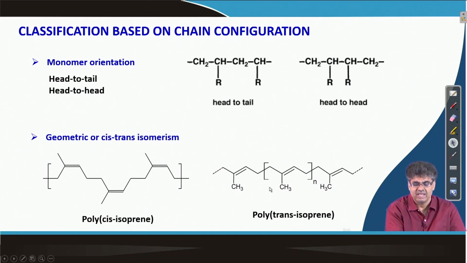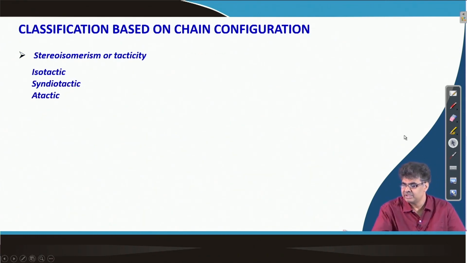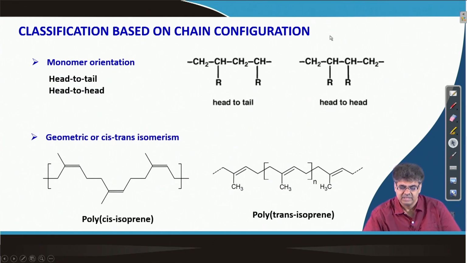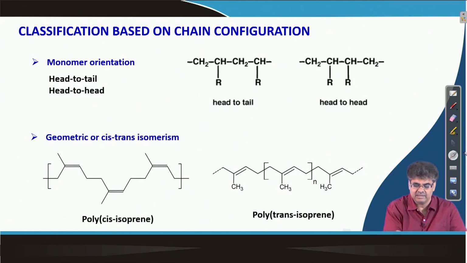We can have other arrangements like cis-trans isomerization. For example, if we take the isoprene molecule we can get polyisoprene in completely cis form.